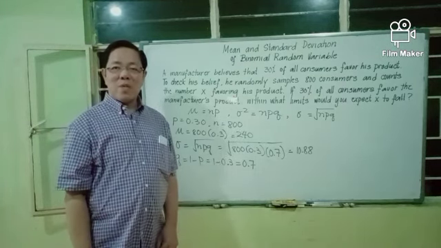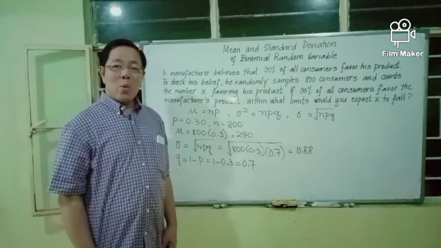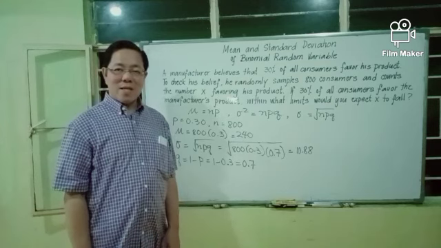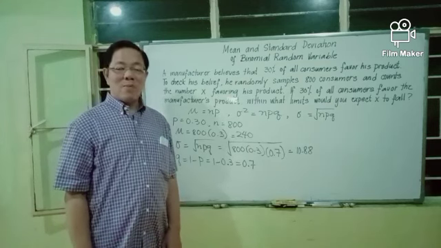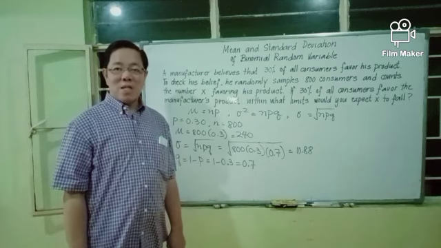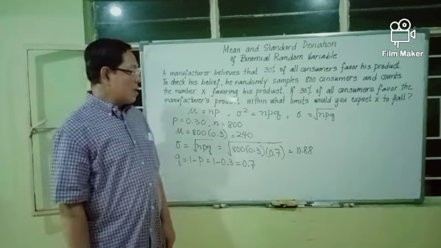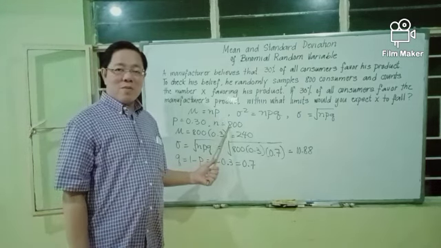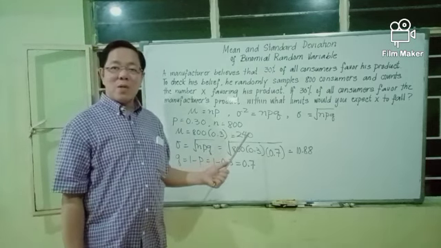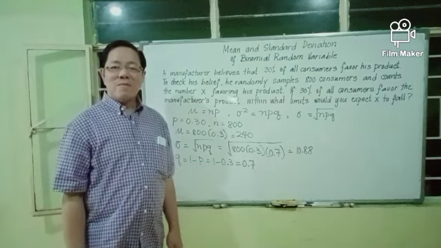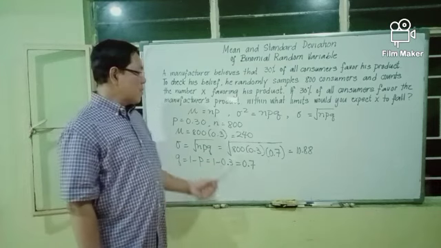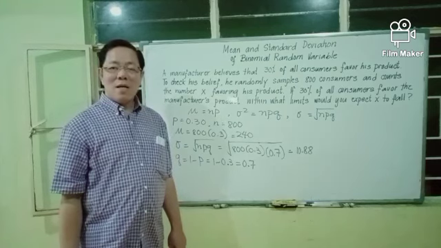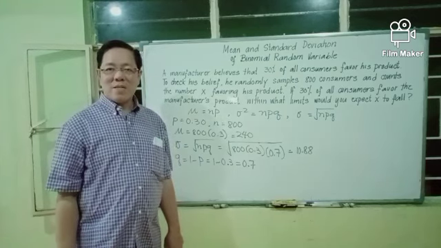We would also compute the interval with the lower and upper limits that contain 8/9 or 88.89% by Chebyshev's theorem, or almost 100% by the empirical rule, of the 800 consumers who favor the manufacturer's product that fall within 3 standard deviations from the mean.